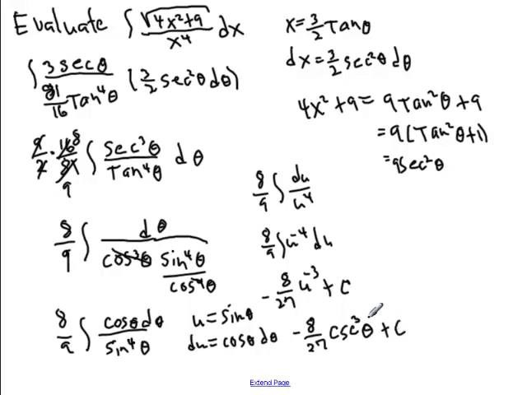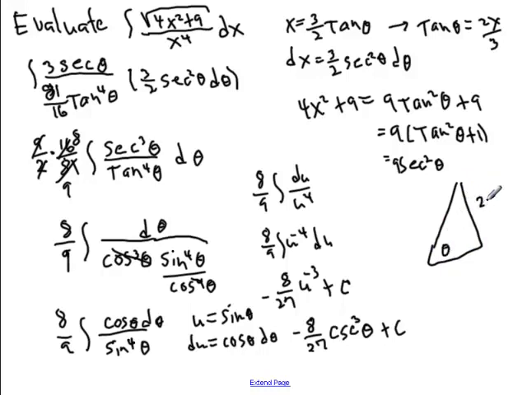All right. So the final thing that we have to do is plug in for theta. So back to the drawing board. x was equal to 3 over 2 tangent theta, which means the tangent of theta is equal to 2x divided by 3. Let's draw the picture, and then we'll be on our way to finding cosecant. So here's theta.